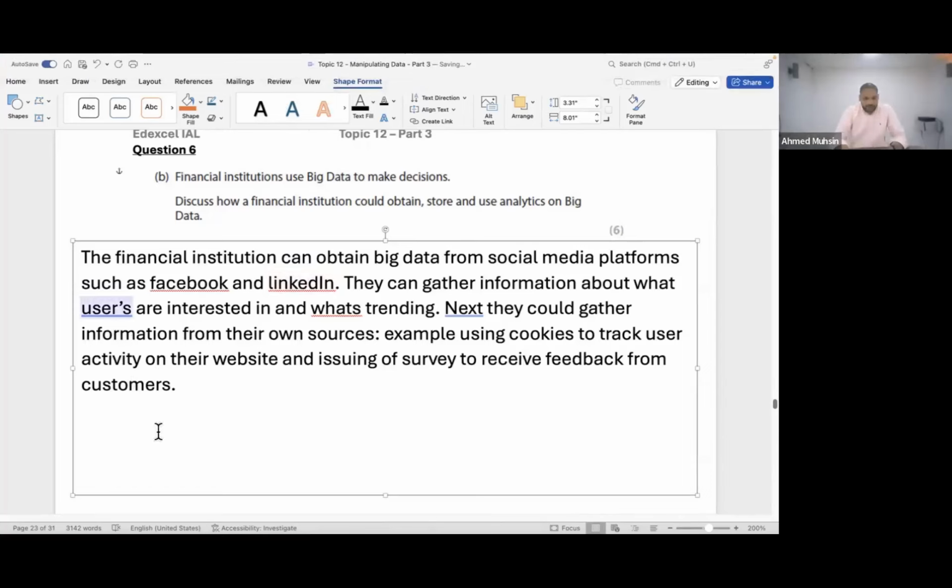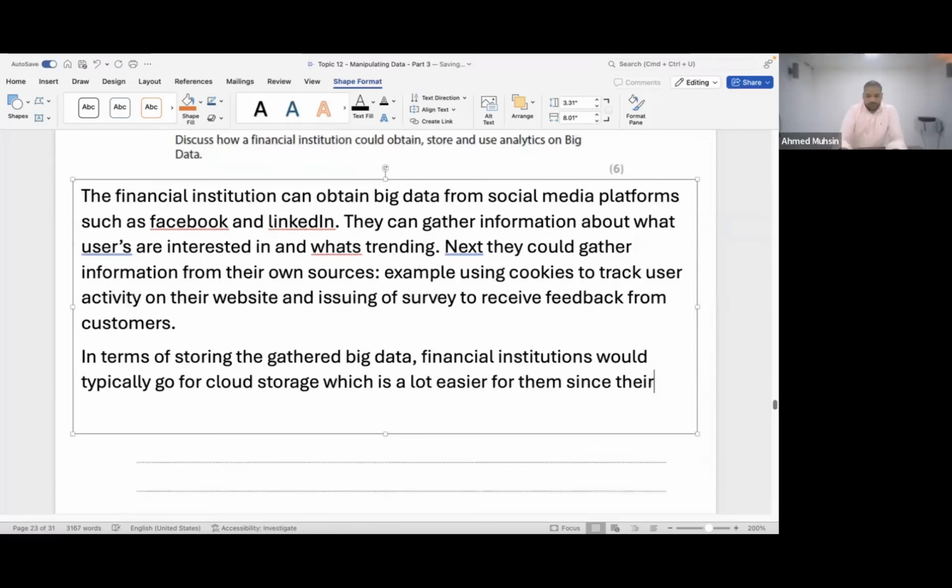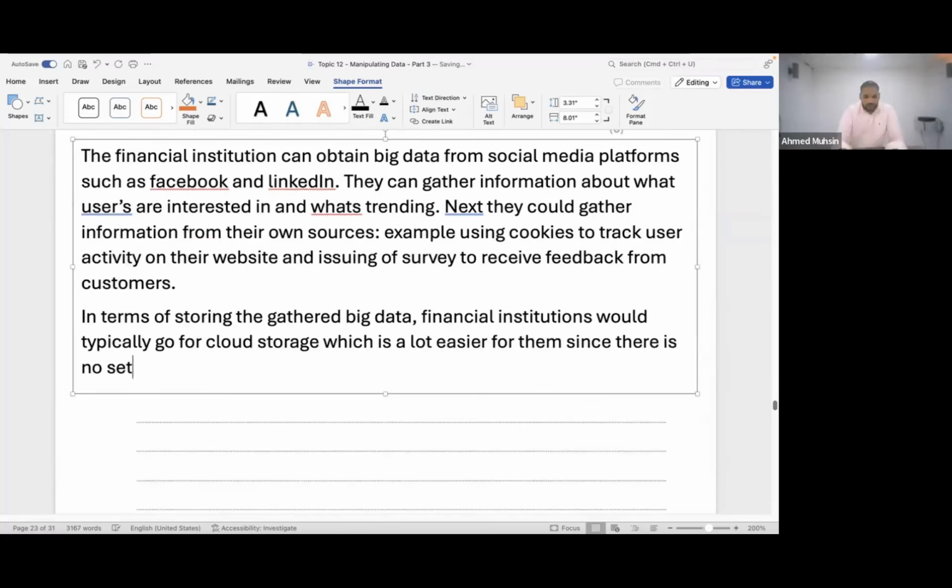Sandaru: cloud storage. In terms of storing the gathered big data, the financial institutions would typically go for cloud storage, which is a lot easier for them since there is no setup cost or major expertise required in setting up and managing the servers.